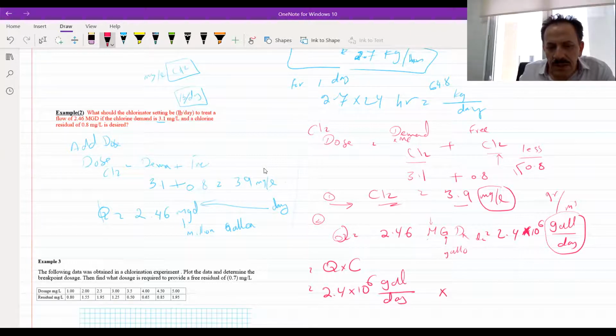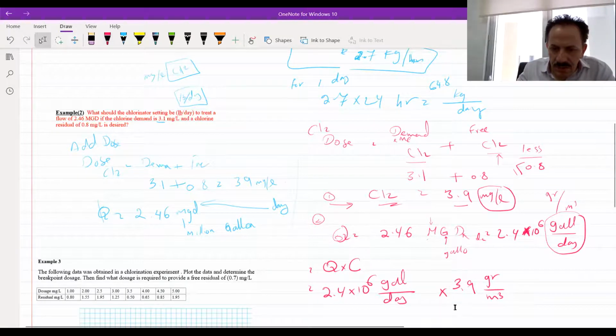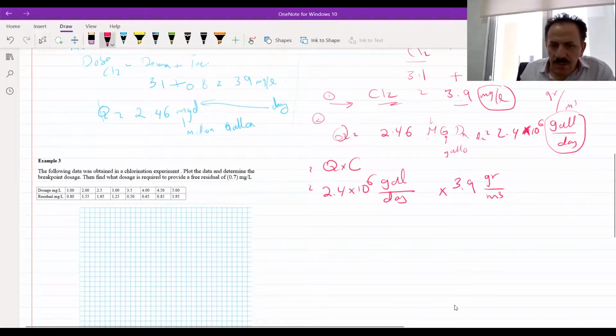I should multiply it by 3.9 gram per meter cube. So look at this one. I will convert gallon with this meter cube. We have 1 meter cube is equal to 10 to the power 3 liter.